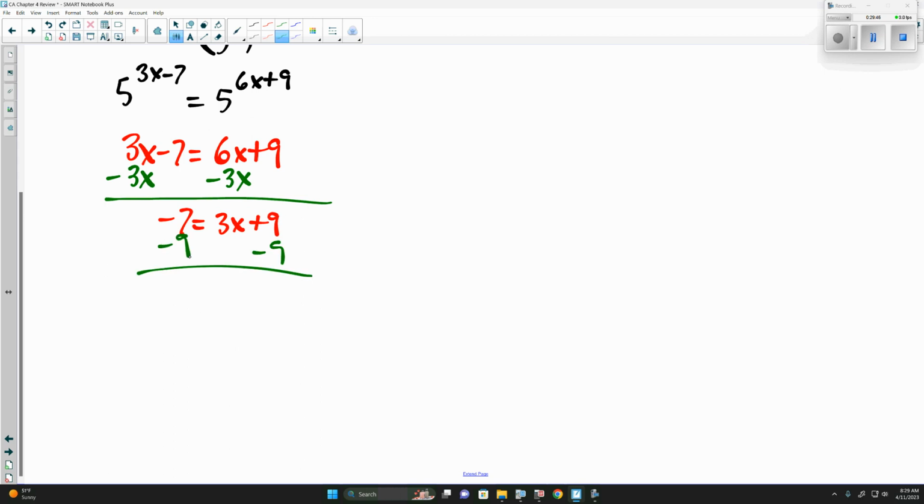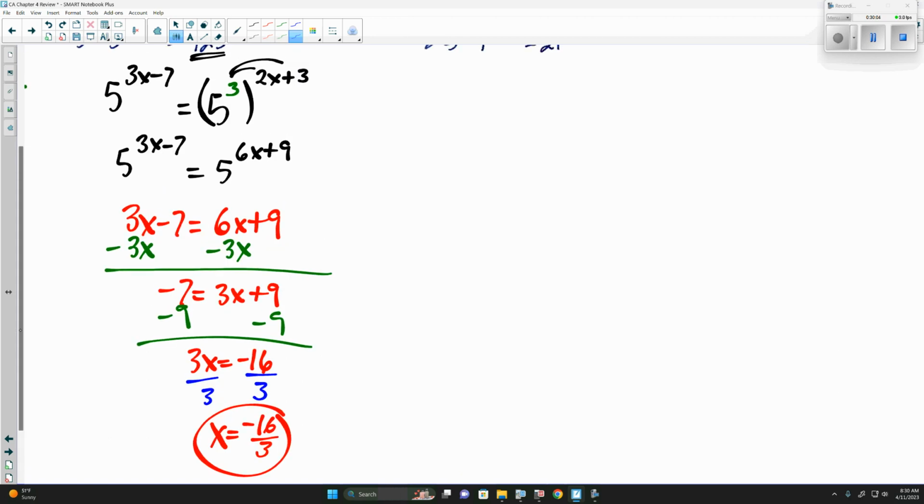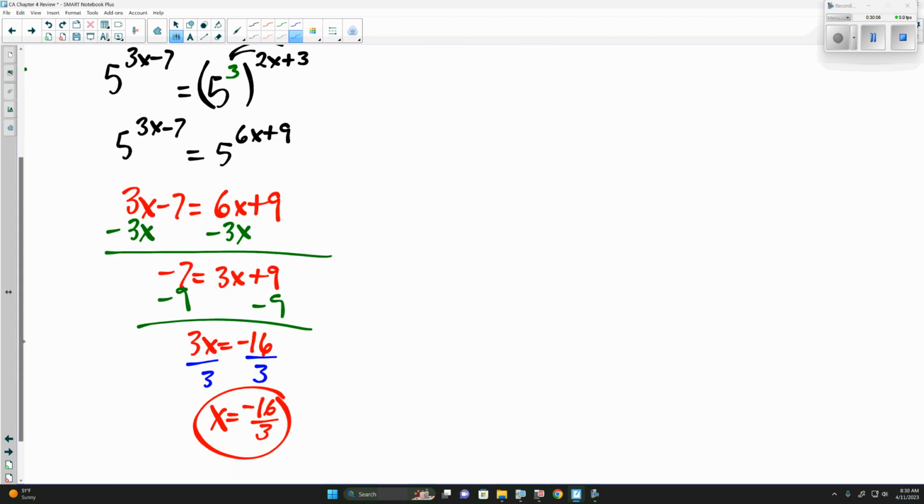Minus 9 from both sides. Telling us that 3x is equal to negative 16. Divide both sides by 3, telling us x is equal to negative 16 thirds. And that's it. And that is the correct answer.